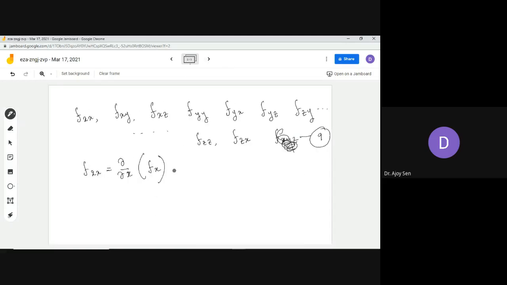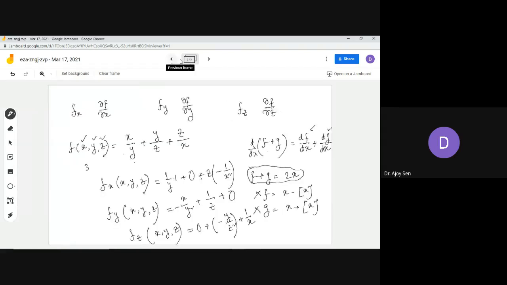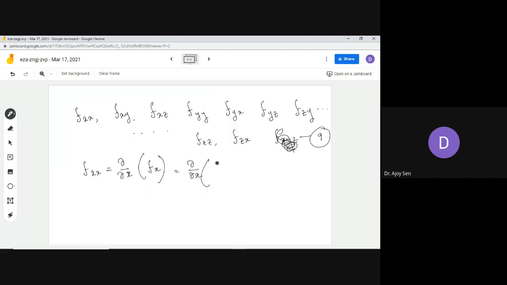That means 1 by y minus z by x square. So what does this mean? You are taking partial derivatives with respect to x, and since you are taking with respect to x, you are treating y and z to be constant. See, in this term there is only y, so this term is constant.